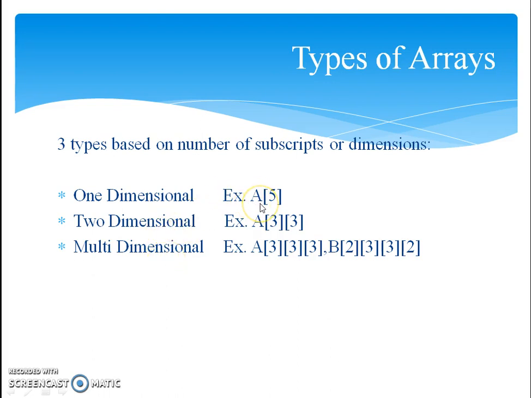In a one-dimensional array, the name of the array comes along with one subscript or one dimension. In a two-dimensional array, the name of the array has 2 dimensions. A multi-dimensional array is anything greater than 2 dimensions. It can be 3, 4, and it is compiler specific how many dimensions we can specify. In the example I have shown 3 dimensions and 4 dimensions as well.